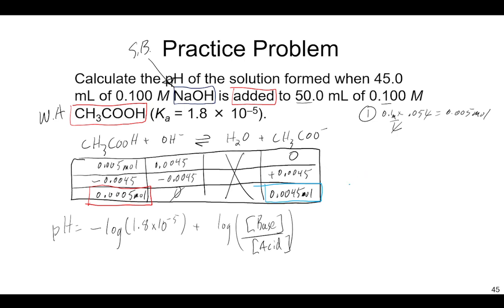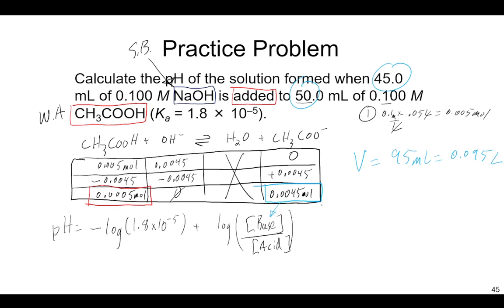And although I really should put these in concentration and consider the new volume that has been created, 95 mL or 0.095 liters, I can convert each of these moles into concentrations by dividing by this liters and then plugging them in.